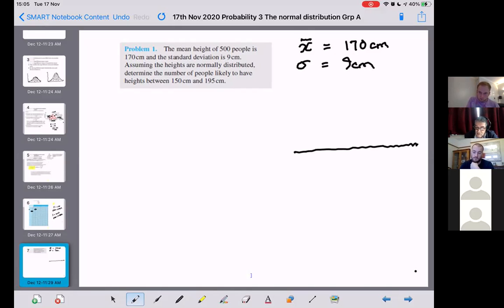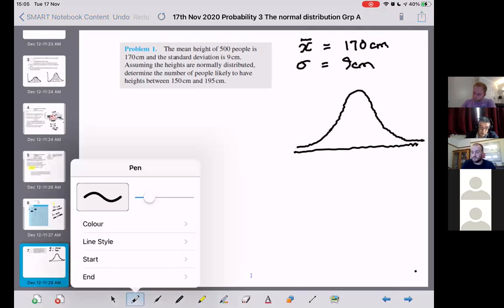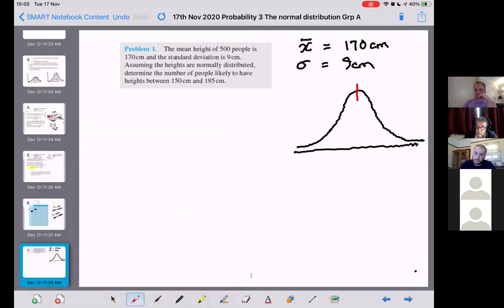and just confirm in your mind what we're looking at here. So here's a normalized curve that we'd expect to get from this sample. Okay. We'll put, using a different color, a line down the middle representing the mean value, which represents 170 centimeters.